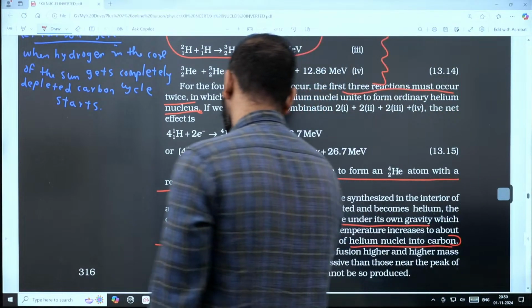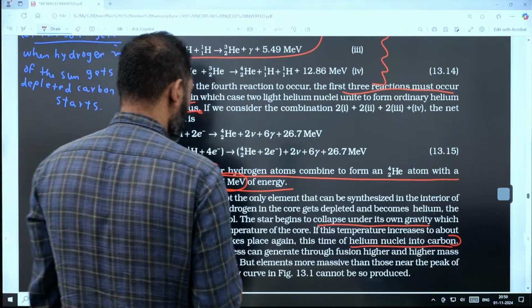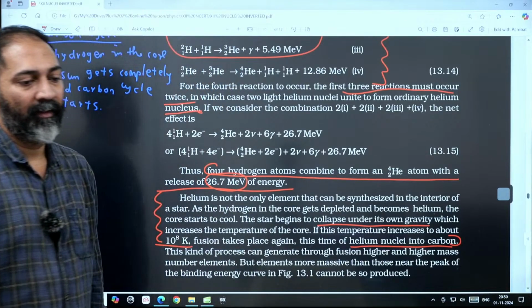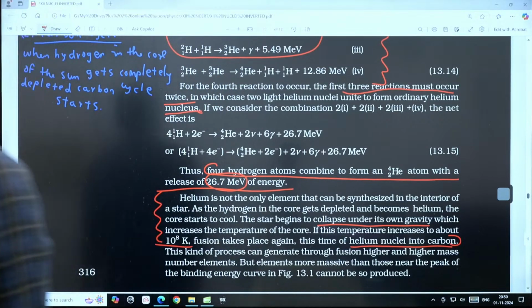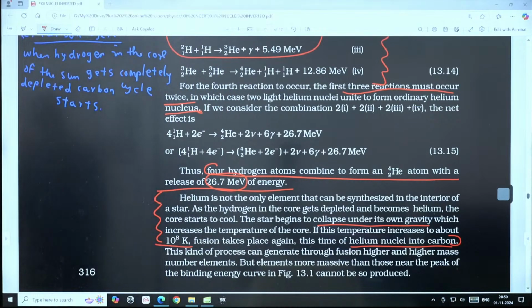What happens when the hydrogen in the core gets completely depleted? The star begins to fall under its own gravity. That makes the temperature high. At this high temperature, helium combines to form what?